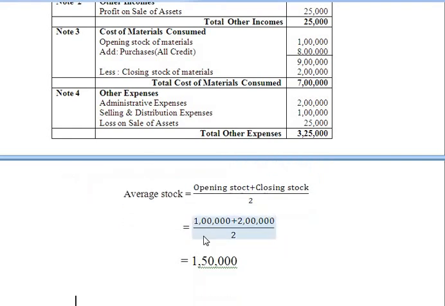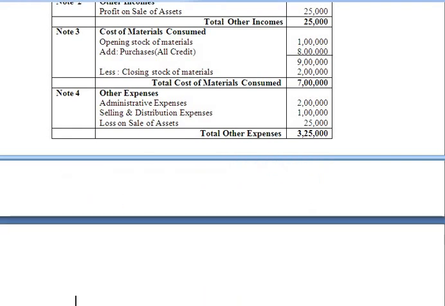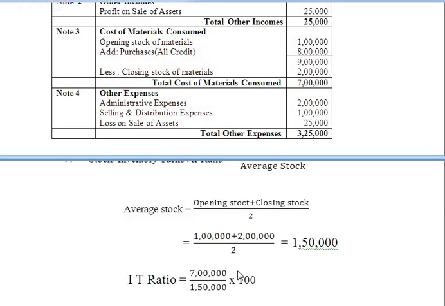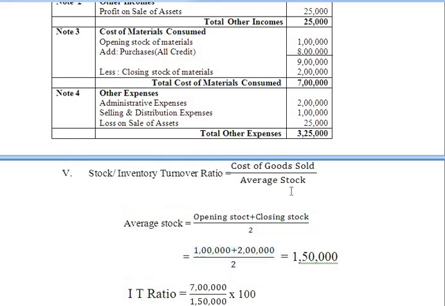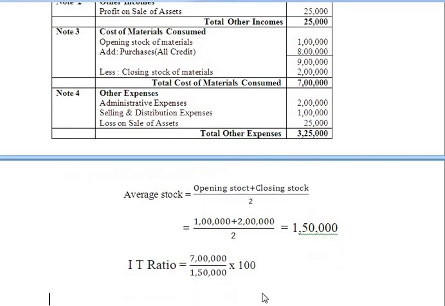Now put both the values into the formula. So next line write inventory turnover ratio is equal to cost of material consumed, that is 7 lakh, that is cost of goods sold, divided by average stock 1,50,000 into 100, which is equal to 4.67%.